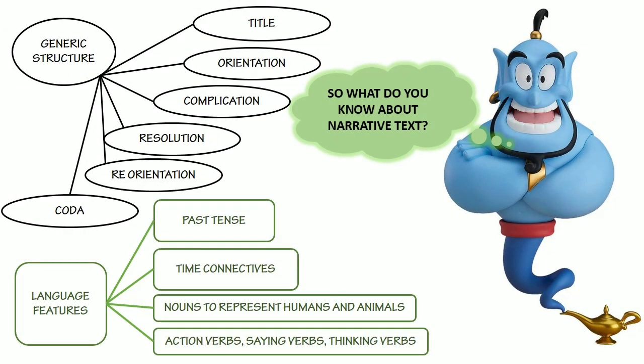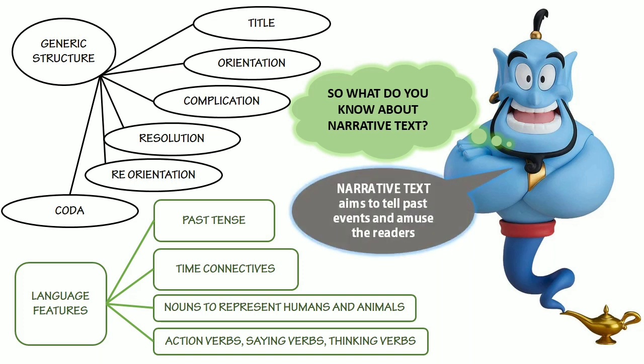So, after listening to the explanation, what do you know about narrative text? In conclusion, we know that narrative text aims to tell past events and amuse the readers. Jadi, narrative text bertujuan untuk menceritakan kejadian lampau dan menghibur pembaca.